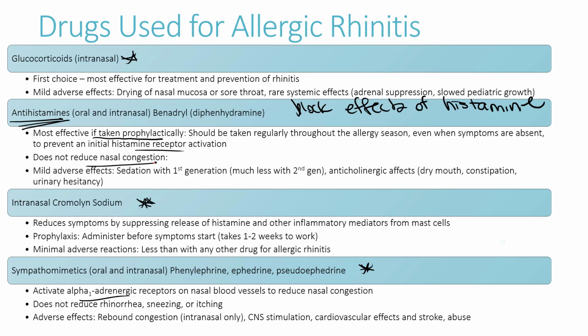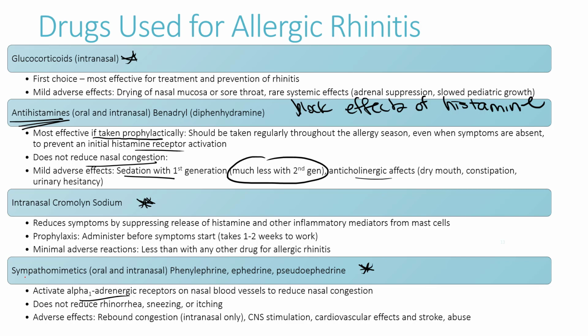All right. One of the big side effects with antihistamines is sedation, but again, there are second generation antihistamines available on the market that have a lot less sedative effects than the first generation ones. And then you also have some anticholinergic effects such as dry mouth, constipation, and urinary hesitation.